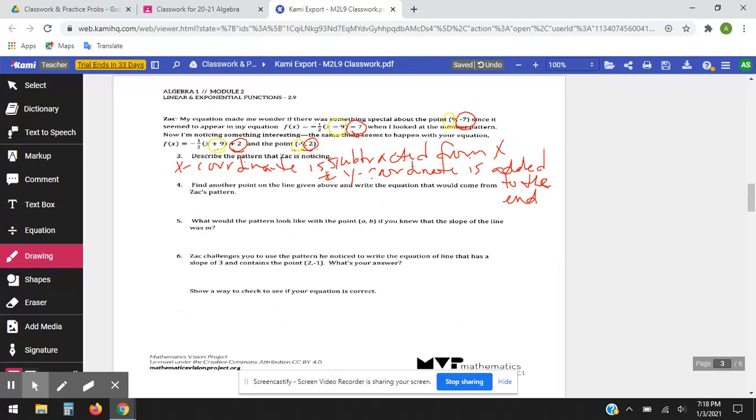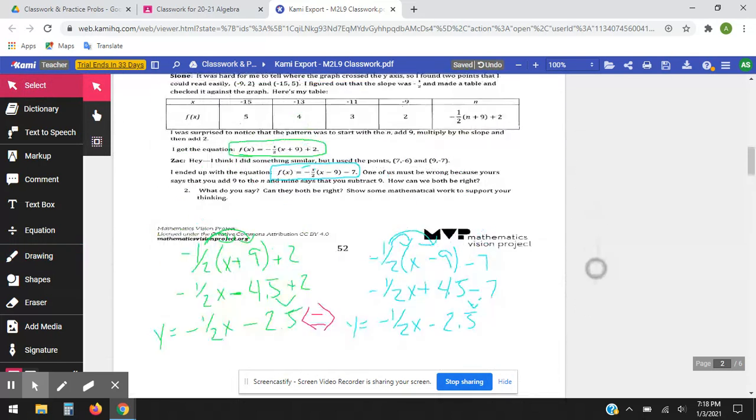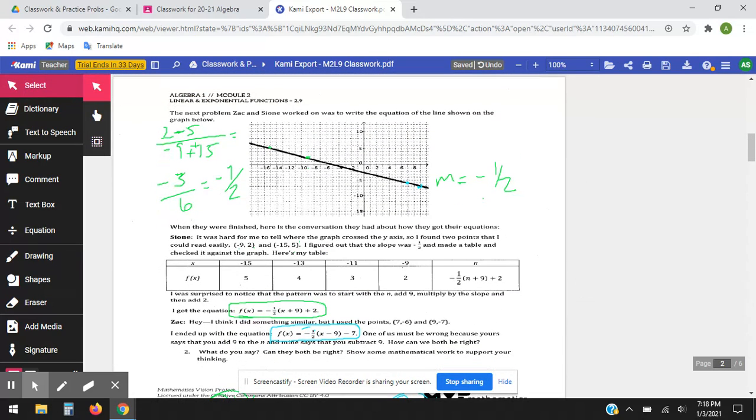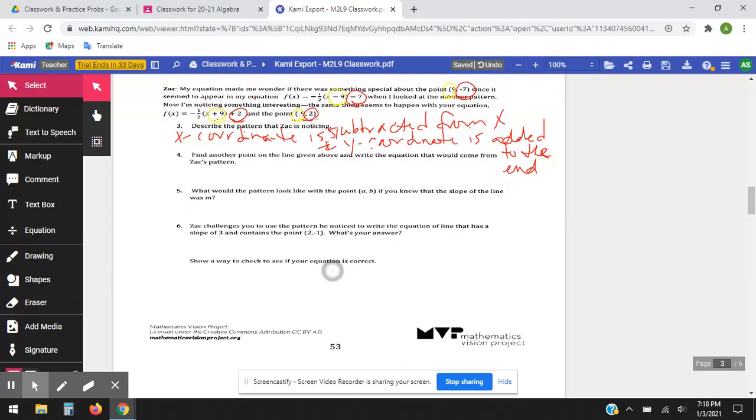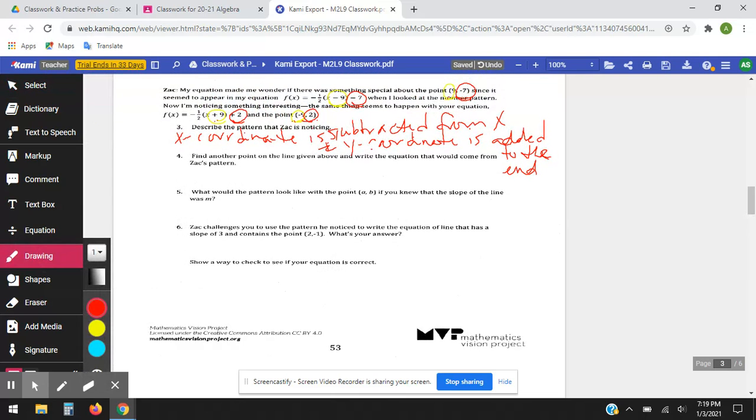So find another point on the line given above and write an equation that would come from Zach's pattern. So if I go back up there, let's see what other point we can come up with here. Looks to me like we have a point at 1, -3. So I'm going to go back and do 1, -3.